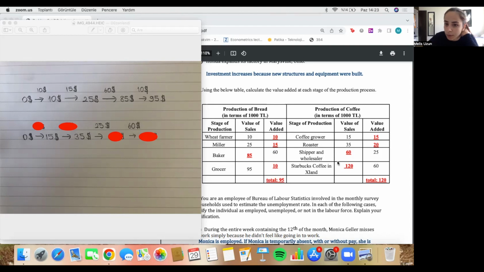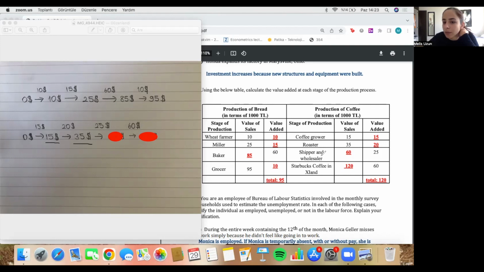Let's look at this example. Again, it was 0 before the coffee grower, and he or she sells it for 15. So 15 minus 0 is 15. Accidentally, I cleared this up too. The roaster bought it for 15 and sells it for 35. So 35 minus 15 is 20. Value added is 20.